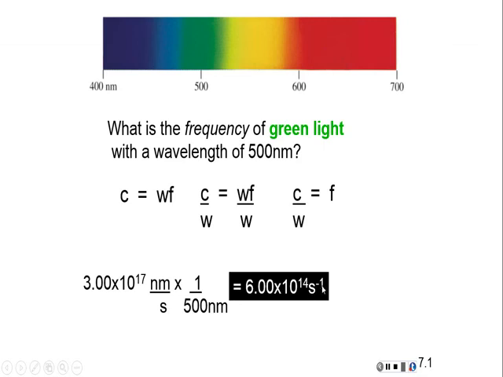And a seconds to the negative first really is called a hertz. And this looks like an awful lot of them. It is a lot of cycles, but we could talk about light with having an awful lot more than this or a lot less. So this is the first type of problem you're going to see, where you're given either the frequency or the wavelength and you're asked to find the other factor.